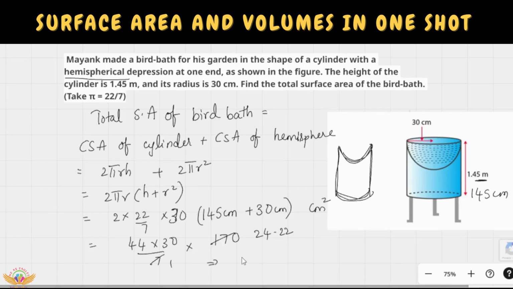So multiply 44 into 30 into 24.2, and after multiplying these three, it will be around 33,000 something centimeter square. To convert it into meter square, just divide by 100 square, then it will come 3.3 meters square. Done.